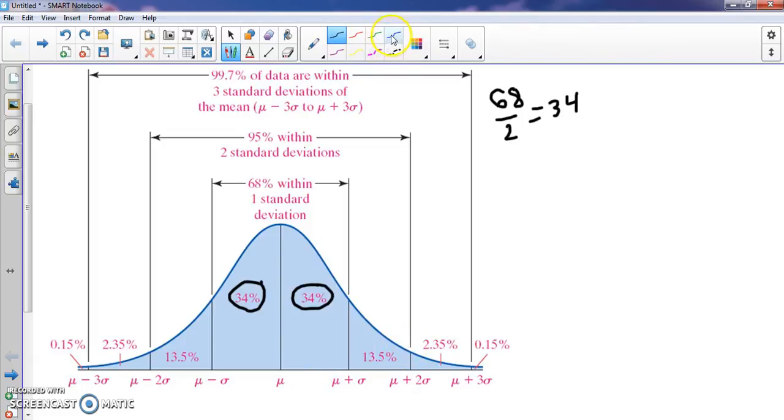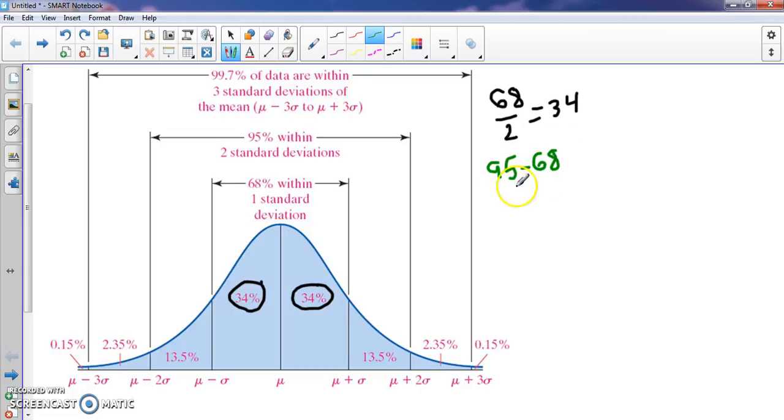So next, where does the 13.5 come from? So let's look at those and see where those come from. So these are 95 within 2, and then we have 68 within 1. So we're looking for basically the subtraction. We need to know what's left over. So I'm going to do 95 minus 68.